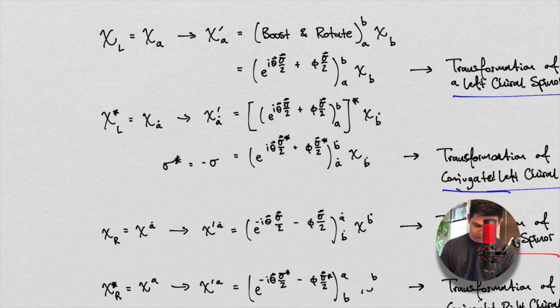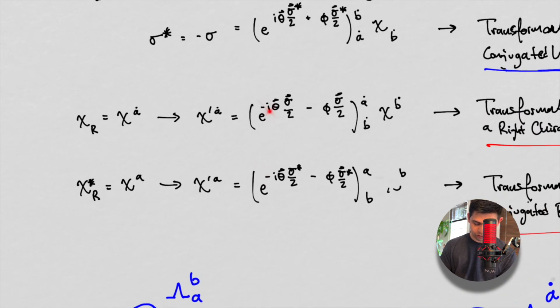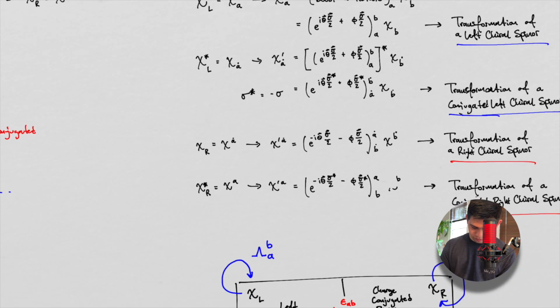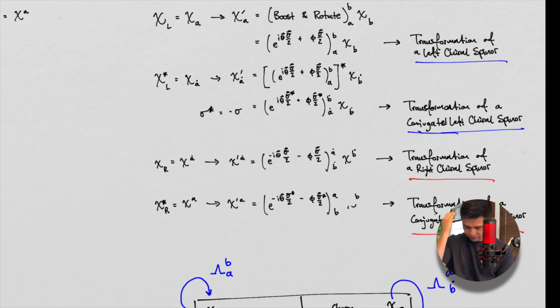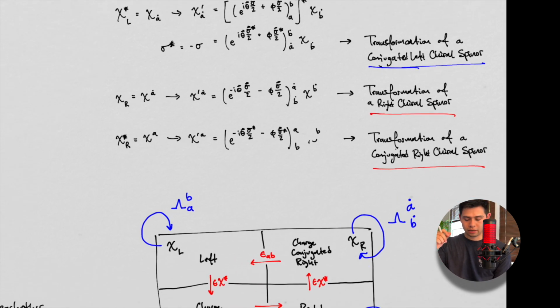Because we're looking at boosts for left chiral and boosts for right chiral, and those are going to be different, right? So those have to be minus signs. These guys are the same though, and I think all is good now. I think that's what I had before, but you sort of get the point. When you start looking at the stuff, the minus signs can throw you off a little bit.